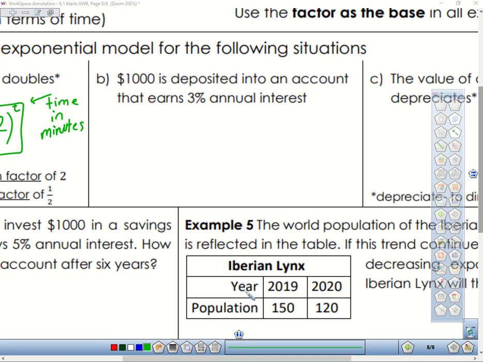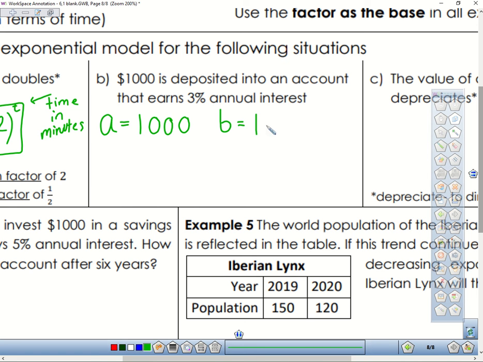So $1,000 is deposited into an account that earns 3% annual interest. So what's your starting amount of money? $1,000. And you're earning 3% every year, right? Annual is yearly. So this is where you have to worry about the growth factor. So if you're earning 3%, are you gaining more money or losing money? Gaining money.